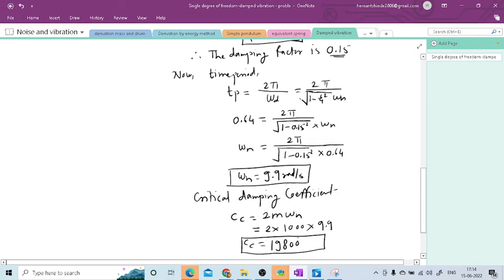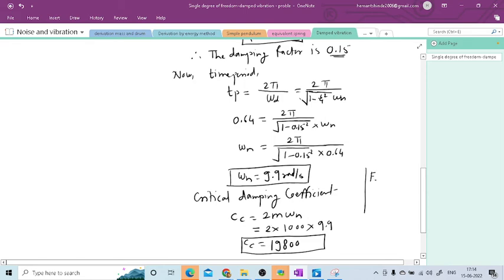The answer is 19800. And the unit for Cc: damping coefficient means force per velocity. Let me write to determine the formula.